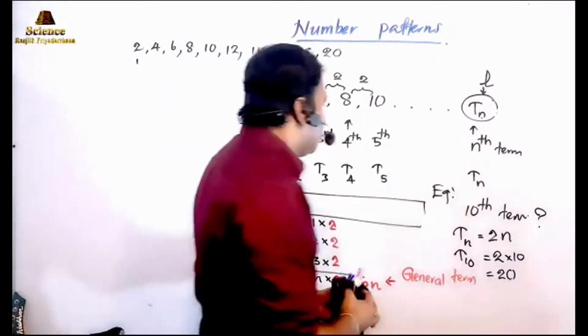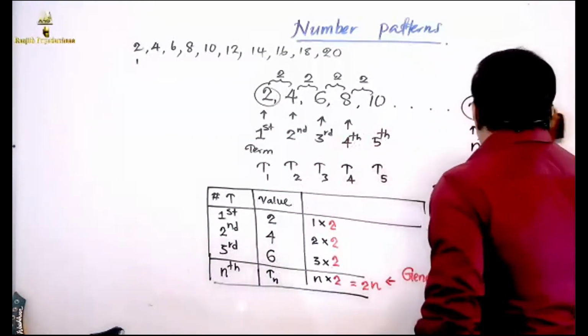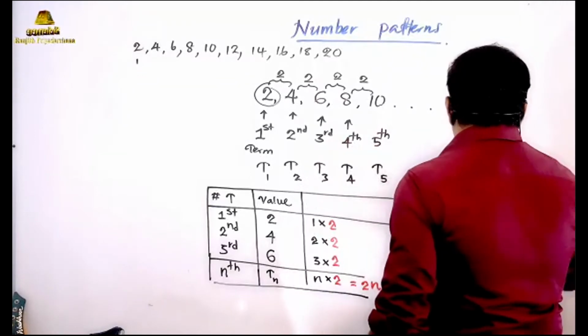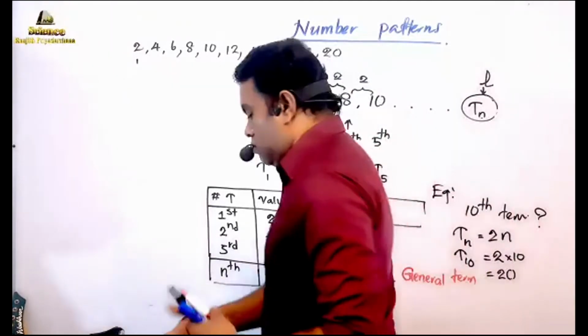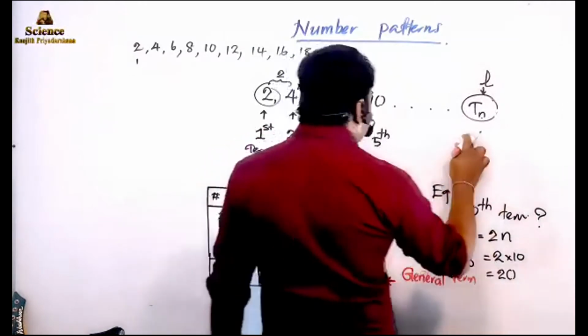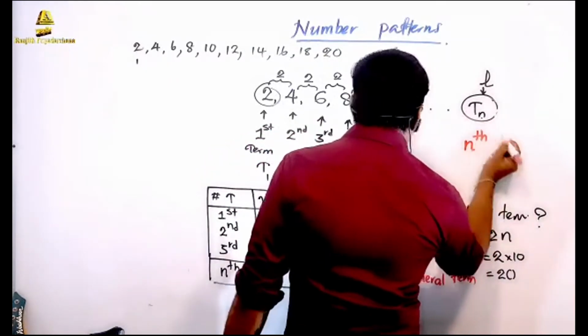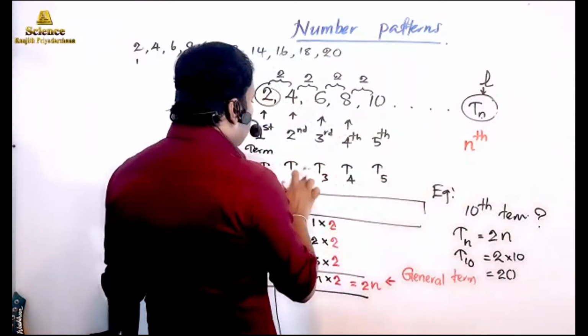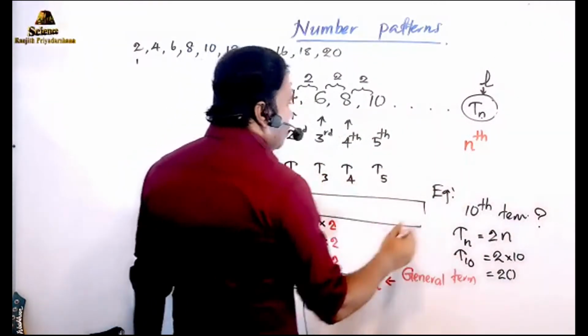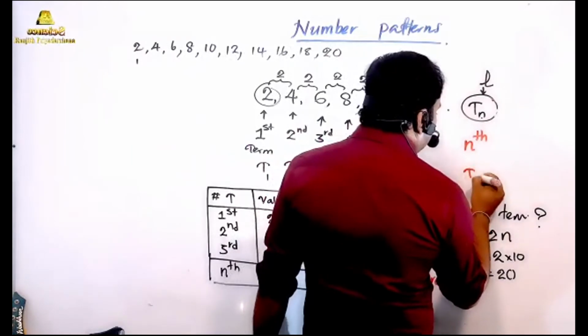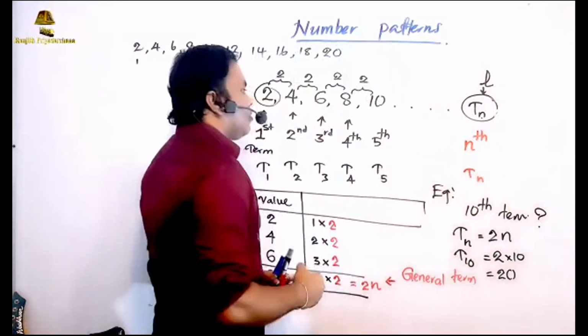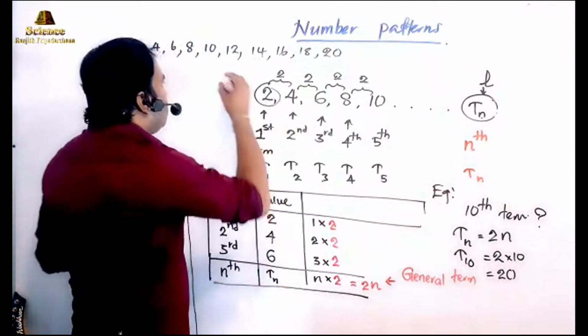That's very important. Now let's take down our example. So this is the nth term, and T1, T2, T3, T4, T5.